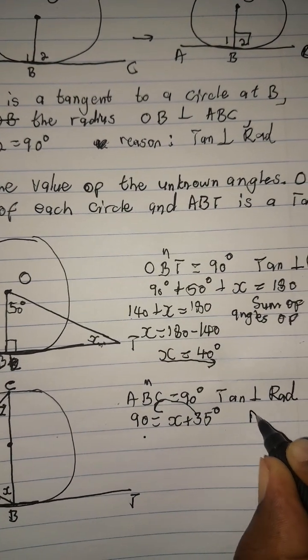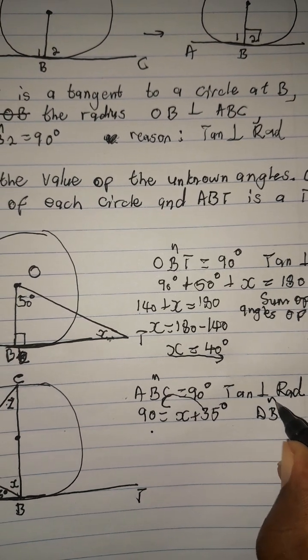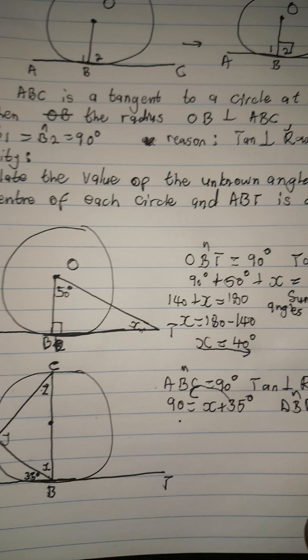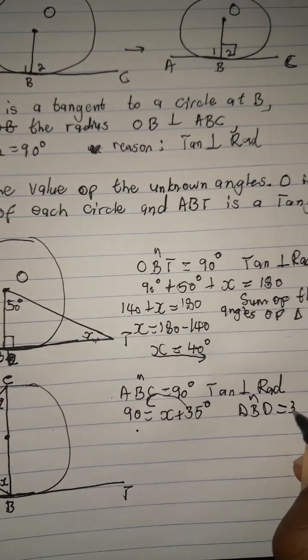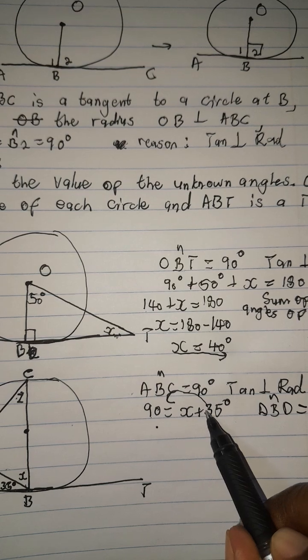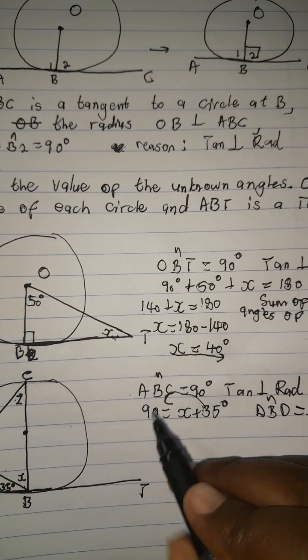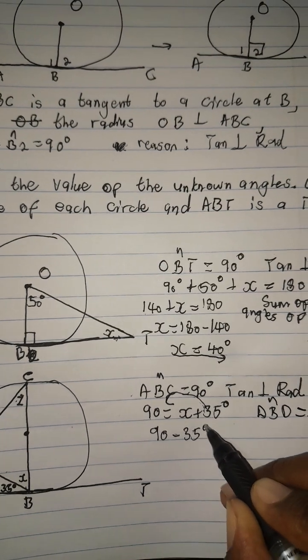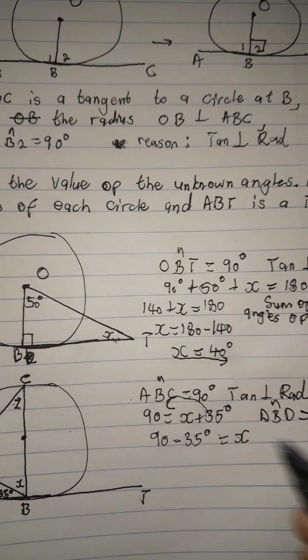The reason is because of angle ABD. Yes, angle ABD is equals to 35 degrees. So from here, I can transpose 35 to the other side, making this 90 minus 35 degrees, which is equal to x.